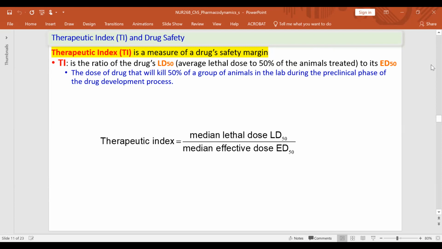It's the dose that produces a therapeutic response in 50% of a population group of patients. Sometimes we call that the average, the standard dose or average dose. Many patients may require more or less of that dosage.